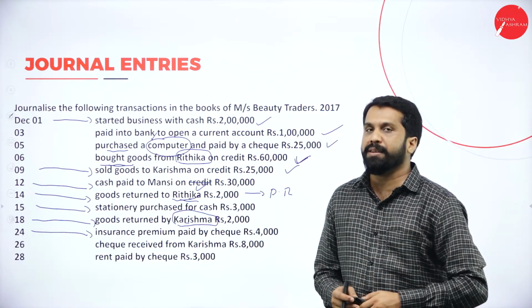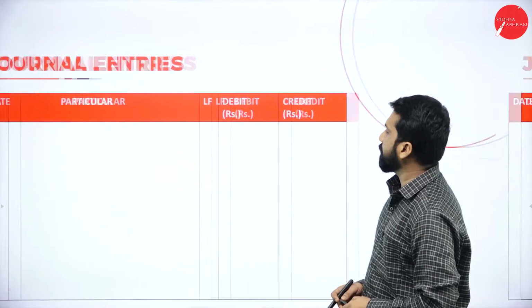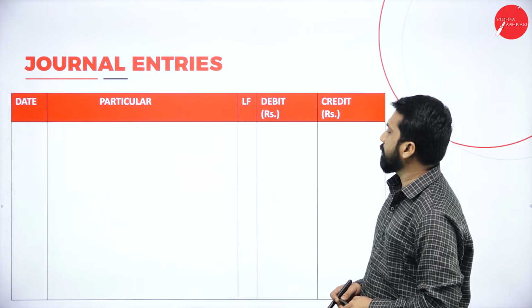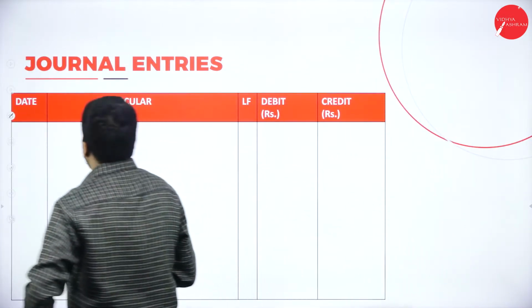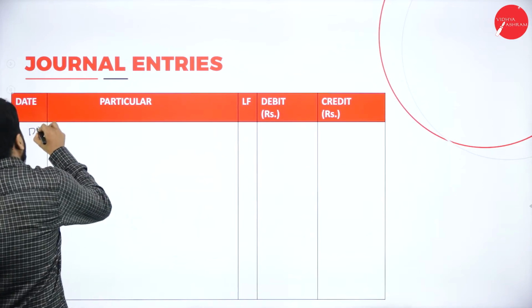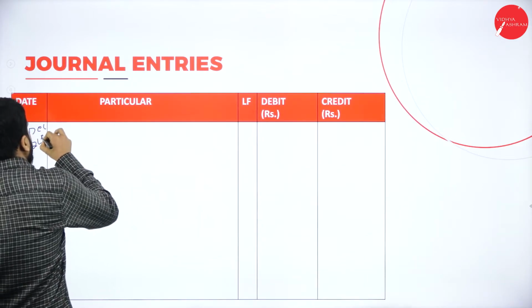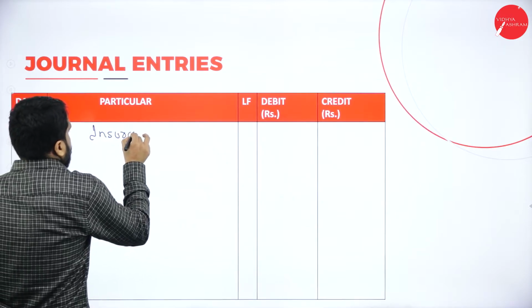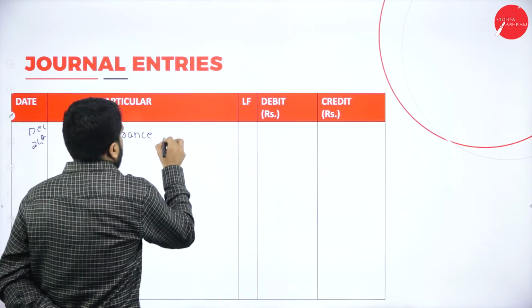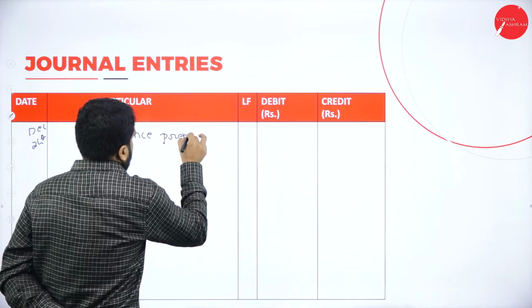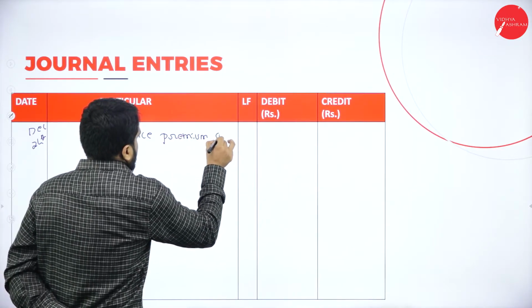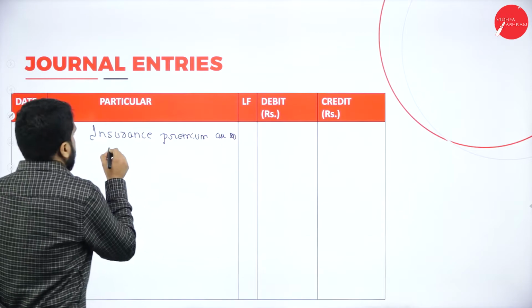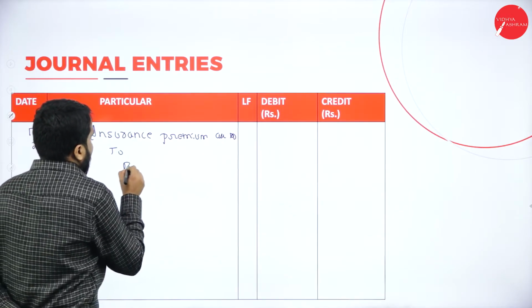Date is December 24th. Now, it will be December 24th. Insurance premium account debit to bank account.